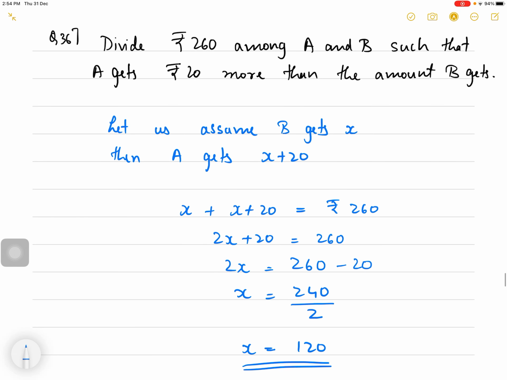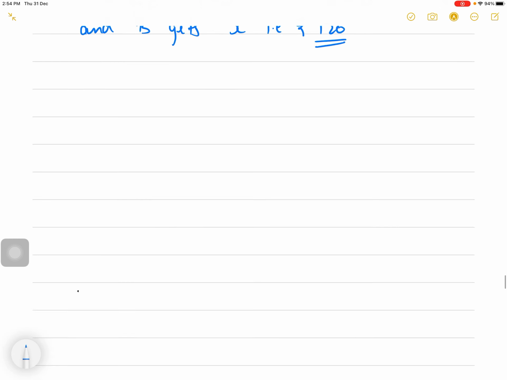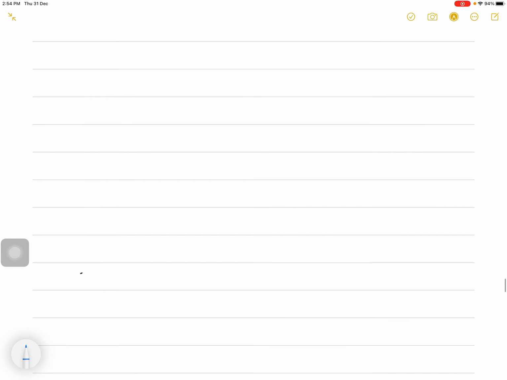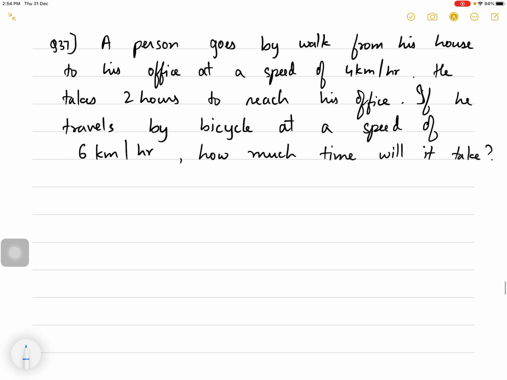So very simple problems. You might have done this in your school as well. Okay. Let's see the next question. A person goes by walk from his house to his office at a speed of 4 km per hour.